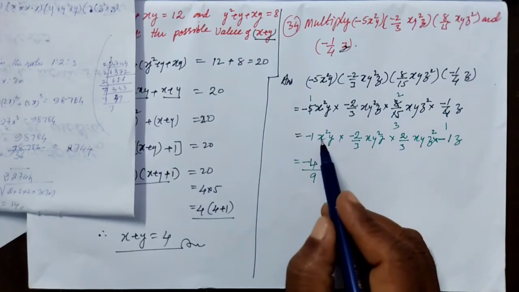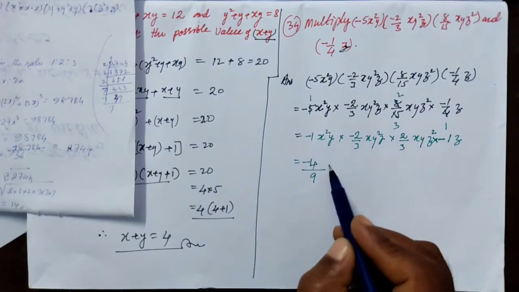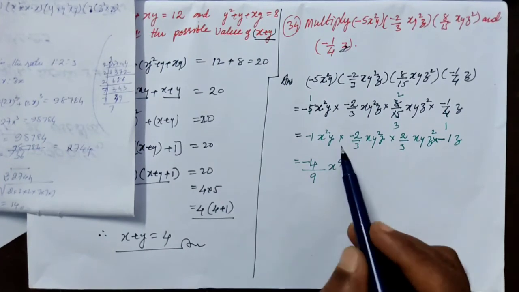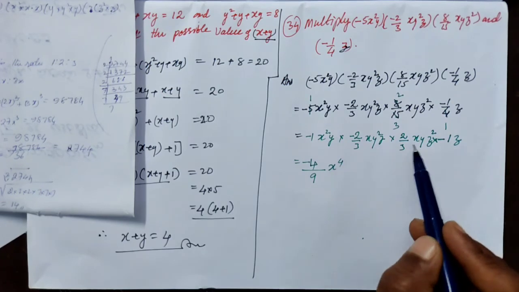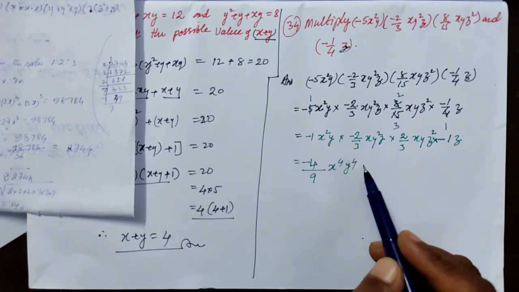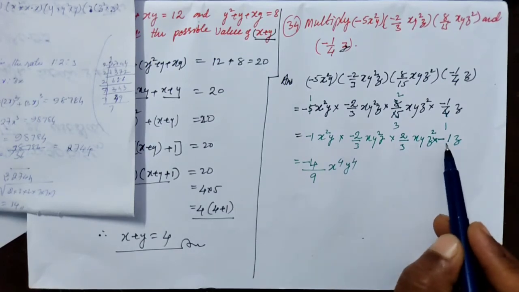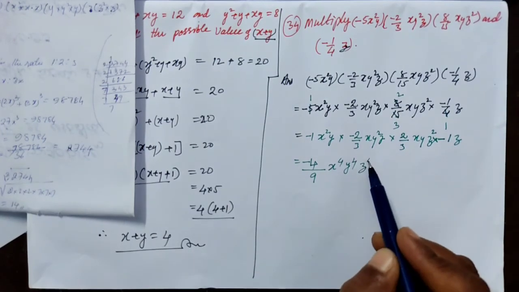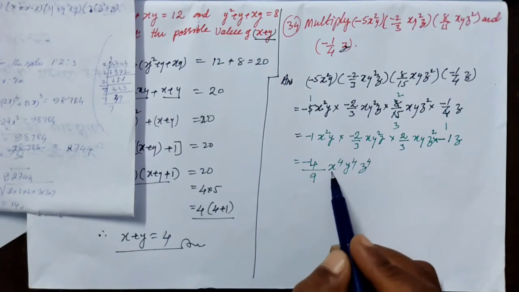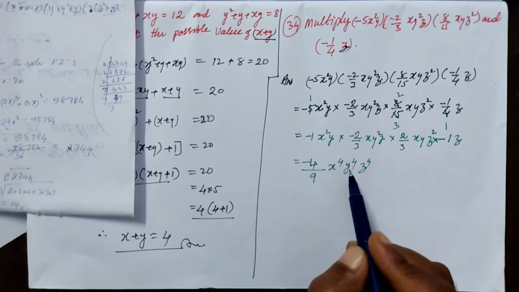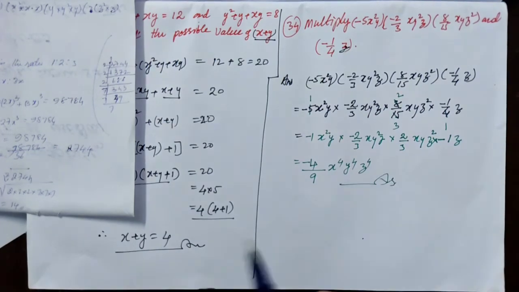So x squared into x into x gives x to the power of 4, y into y squared into y gives y to the power of 4, and z into z squared into z gives z to the power of 4. So the answer is minus 4 by 9 x to the power of 4 y to the power of 4 z to the power of 4. This is the answer for the question.